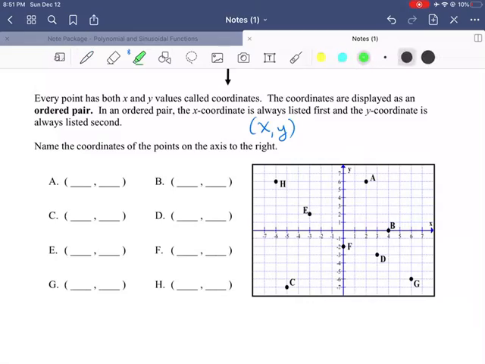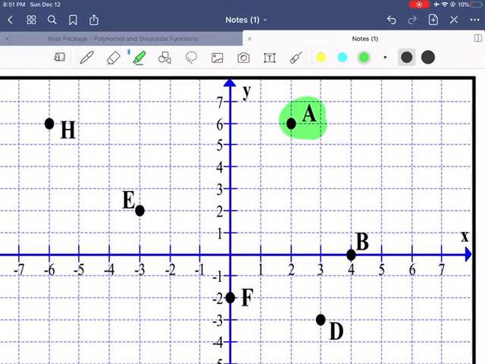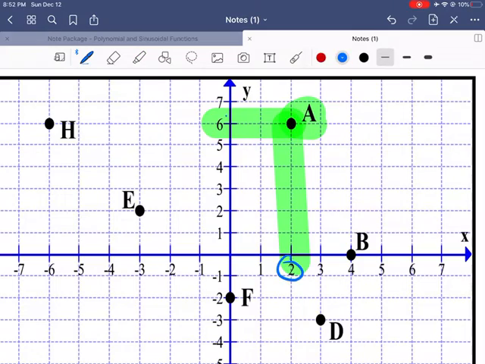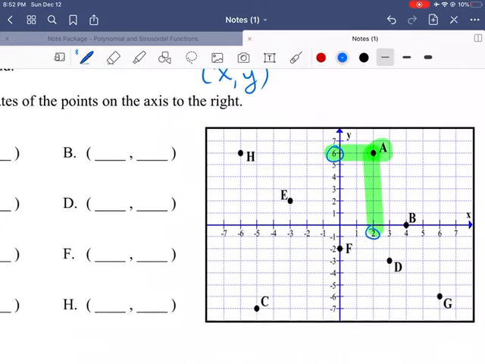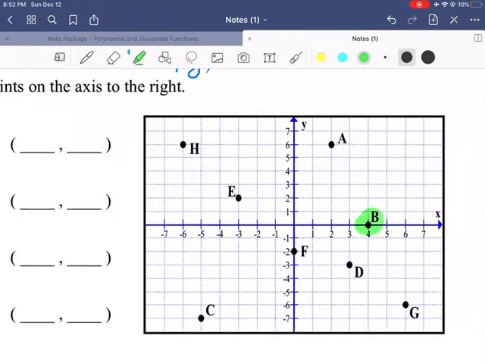So A is right here, and we've got to figure out what the coordinates are. So if you draw or highlight, that's where they intersect. So the x coordinate is 2, and the y coordinate is 6. So you would write 2 and 6. B, first find B, and there it is.